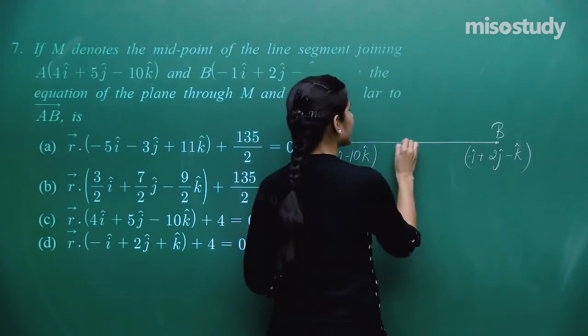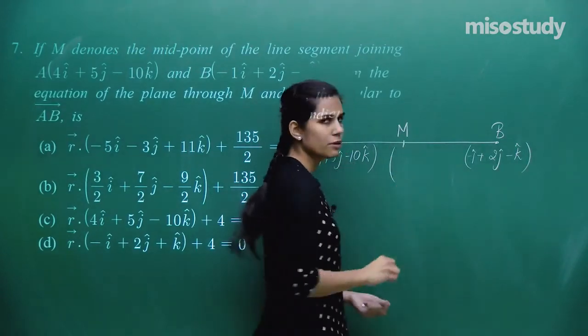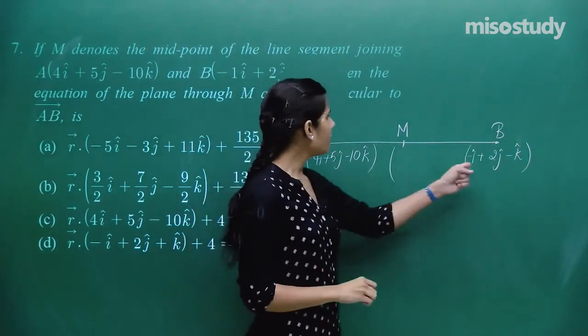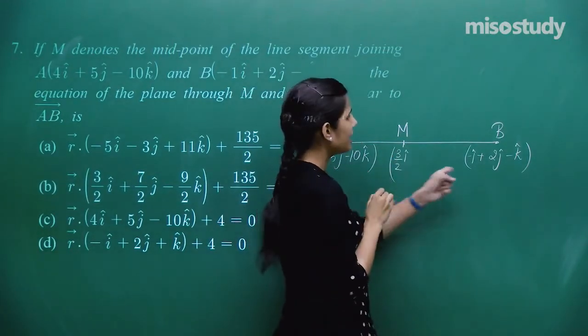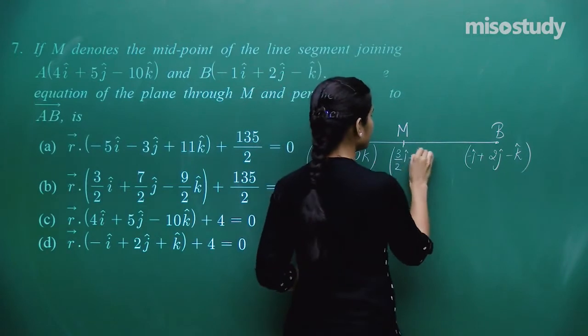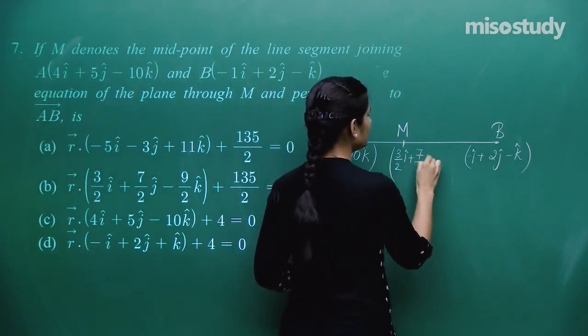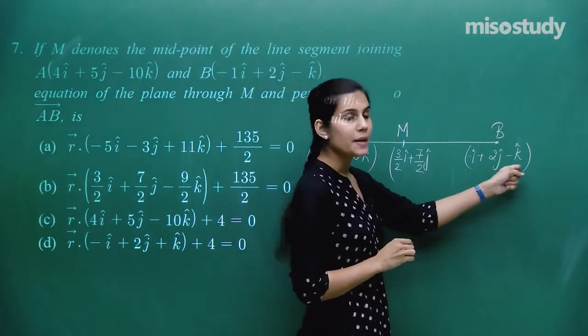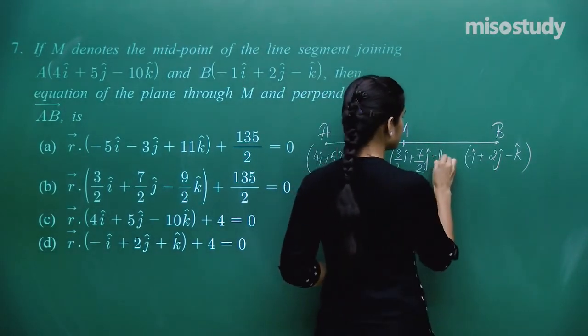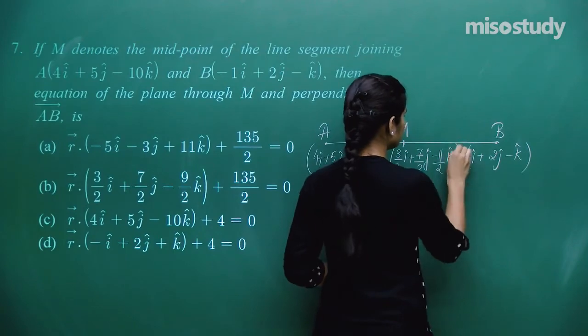And M is exactly the midpoint. So what will be the position vector of M? (4 minus 1) by 2 i cap, plus (5 plus 2), that is 7 by 2 j cap, and (minus 10 minus 1), that is minus 11 by 2 k cap.